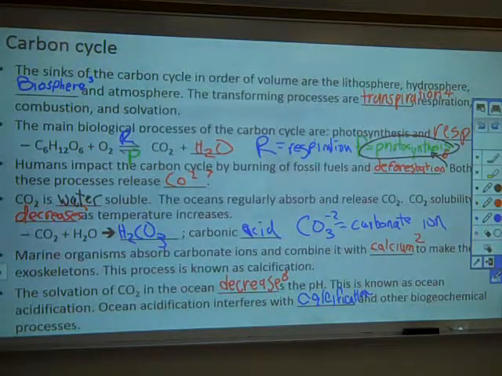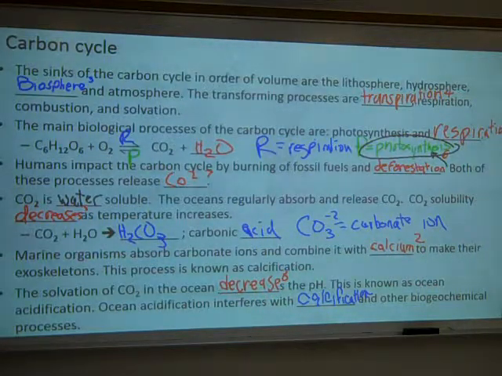So like many things in nature, it's a very fine balance between having enough carbonate ions in there for the marine organisms to absorb them and build their shells, but not so much that it affects the pH to the point where, even though you've got plenty of carbonate ions, it actually makes it harder for them to carry out this calcification process.